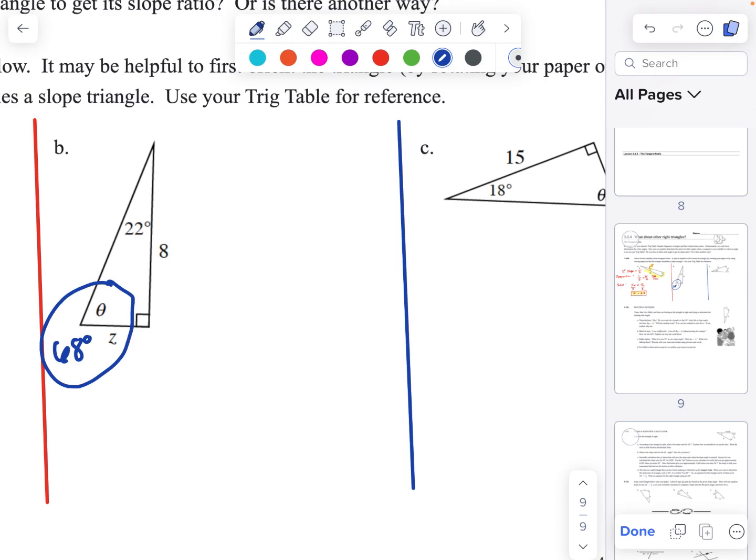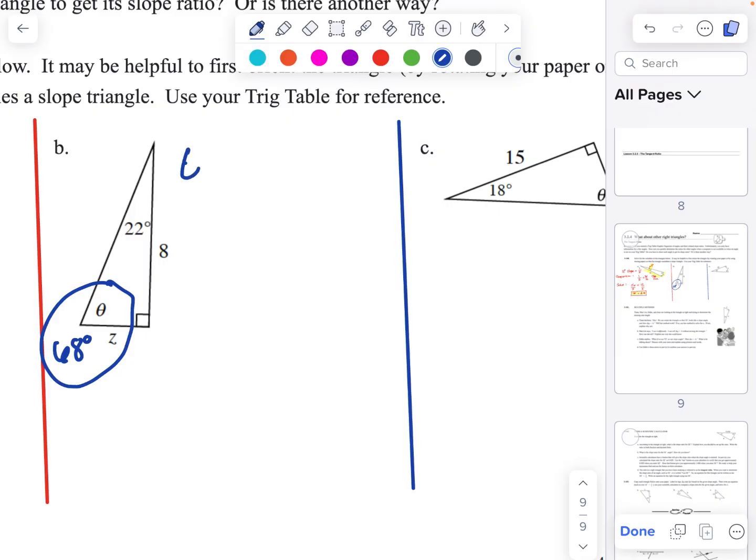And once again, I can look at this triangle in terms of the 68 or in terms of the 22. Doesn't really matter. Since the 68 is kind of here on the bottom, I think I'll do that. I'm hoping I have that on my table here in just a second.